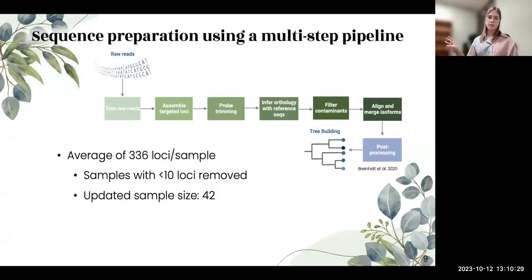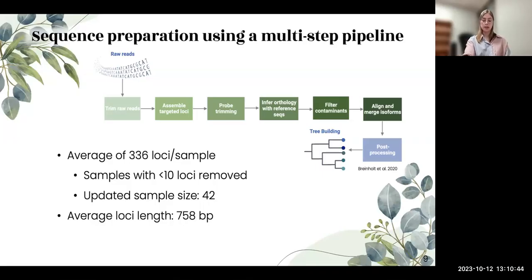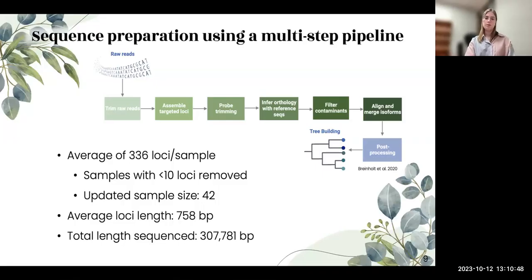During this pipeline, we removed samples that had less than 10 loci, just to clean up the data set. After that, we lost about 3 samples, so our updated sample size was 42. The average loci length was 758 base pairs, and the total length sequenced was 307,781 base pairs.